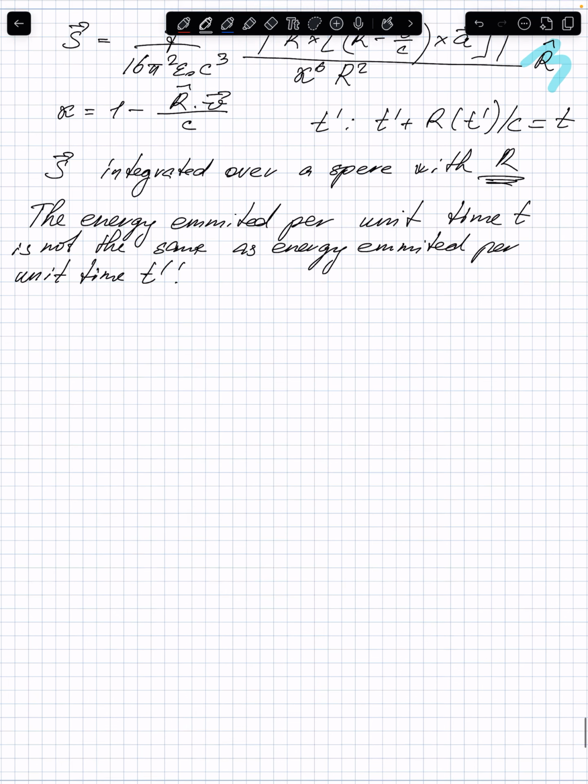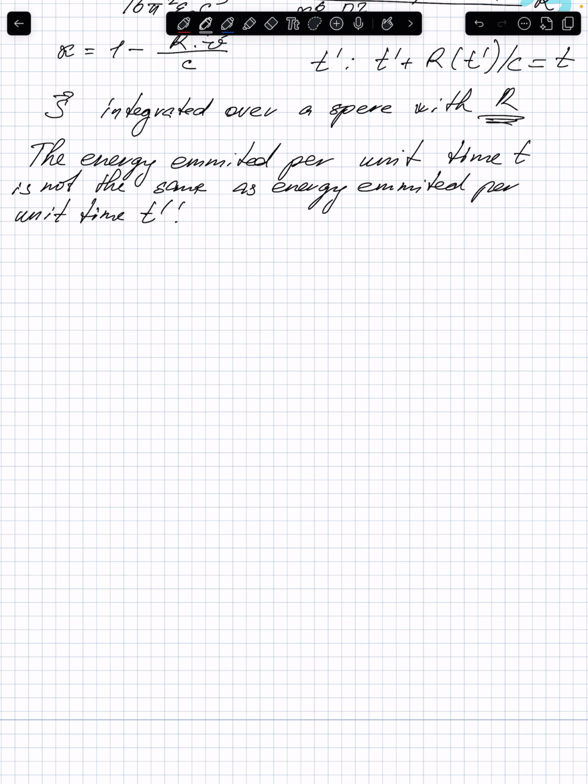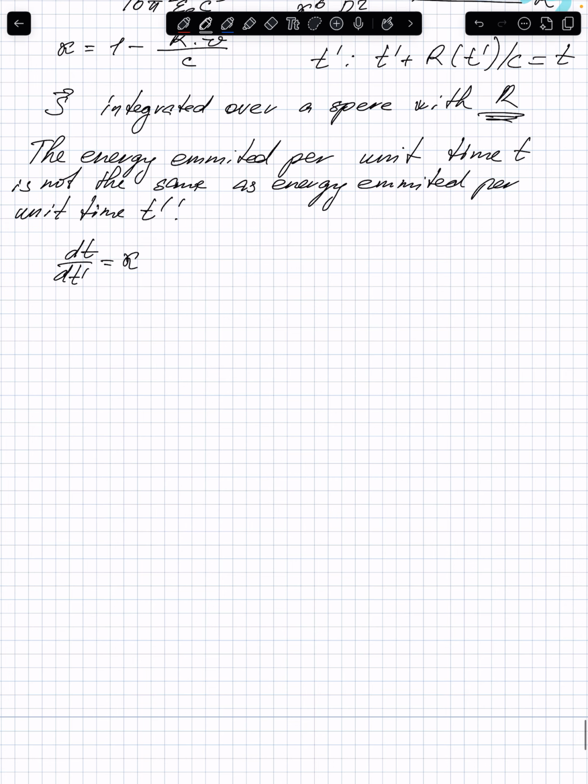They differ by a factor, and this factor is just given by this derivative dt over dt prime. If you remember, we defined this factor kappa, so they differ by this kappa.